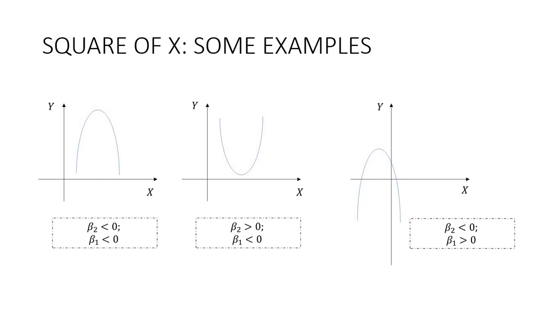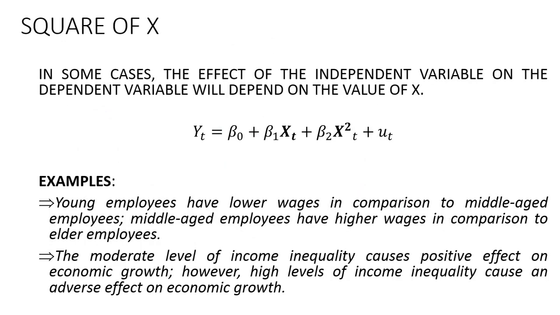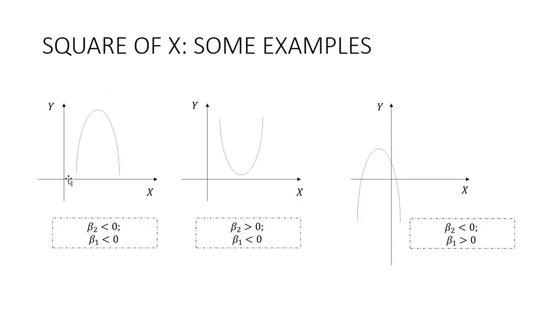But nevertheless, this is what you can do if you analyze some economic problem and you suspect that the effect of x on y is not uniform in terms of direction of this effect. Because, as you can see here, up to some level of income inequality, an increase in income inequality is accompanied by an increase in economic growth.